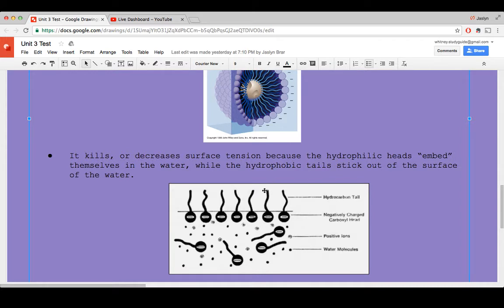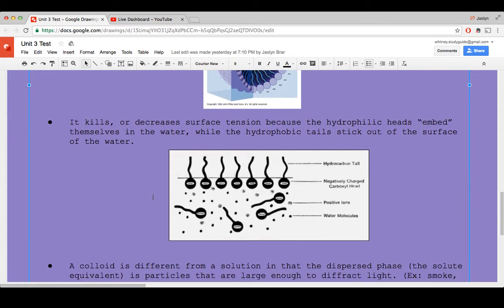We know that surface tension is caused by hydrogen bonds because water is polar, but soap will decrease surface tension. An example of what that means is if you put a bug on normal water, it can rest on the surface because the surface tension of water is pretty high. But if you put soap on that same water, it will decrease the surface tension. The bug can no longer stand on it.